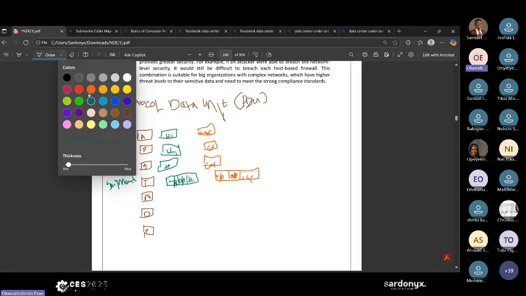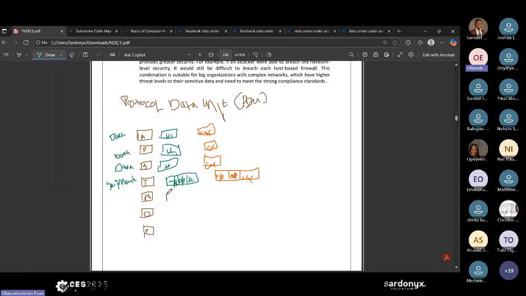Now, moving to our network layer, I'm adding more information to my iMessage. I'm adding the source IP and the destination IP.